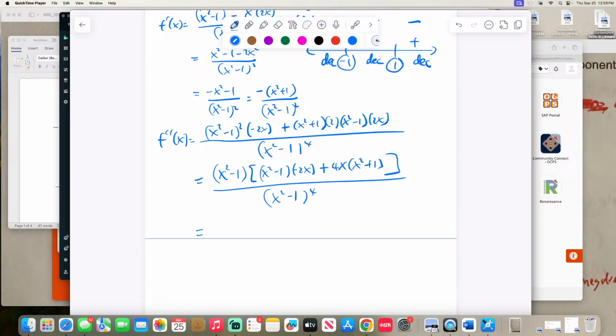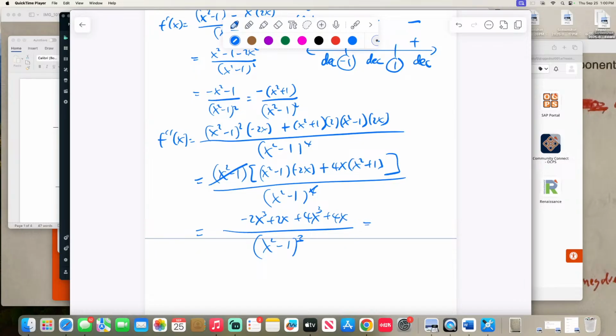I'm just gonna keep on going until you guys stop. So this one's gonna cancel out this. You can factor out 2x, but I'm not just gonna leave it there for now. So this simplifies down to x squared minus 1 to the 3rd. And this one's gonna be negative 2x cubed plus 2x plus 4x cubed plus 4x.